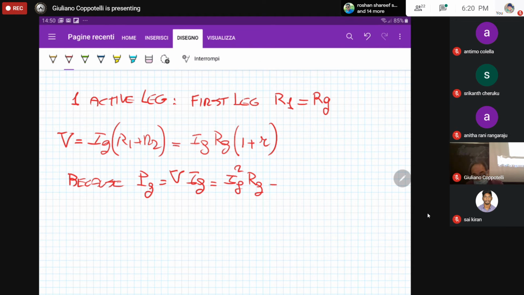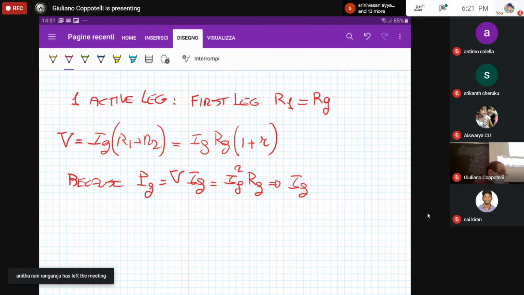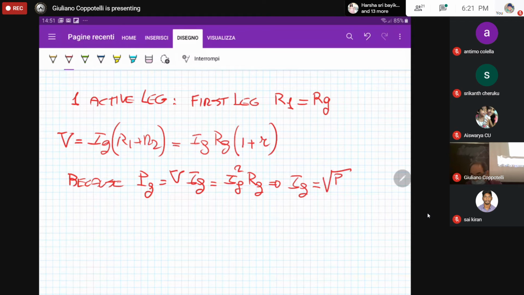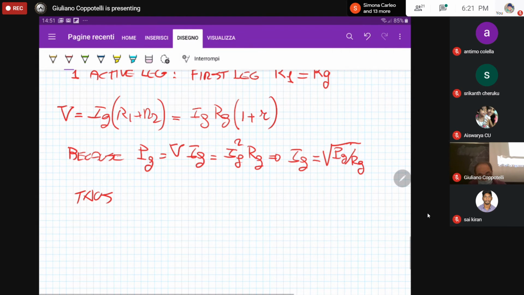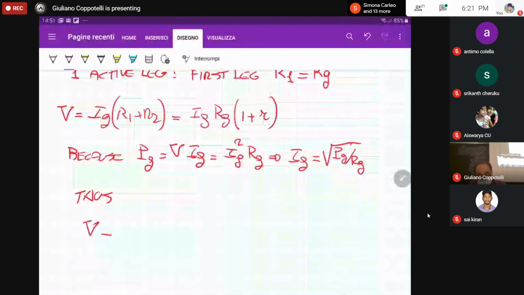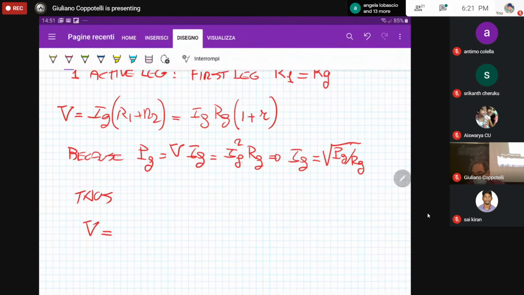We can say that the maximum electrical current that could flow through the strain gauge is related to the maximum power through this equation. Thus, what we can say is that the input tension is given by 1 plus R.